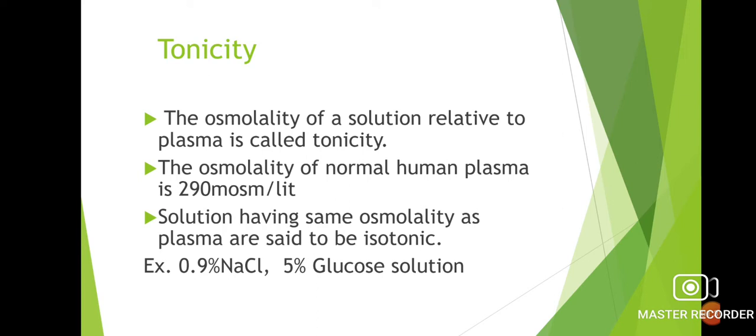The osmolality of normal human plasma is 290 milliosmol per liter, and solutions having the same osmolality as plasma are said to be isotonic. For example, 0.9% sodium chloride solution and 5% glucose solution have the same osmolality as plasma, so they are called isotonic to human plasma.